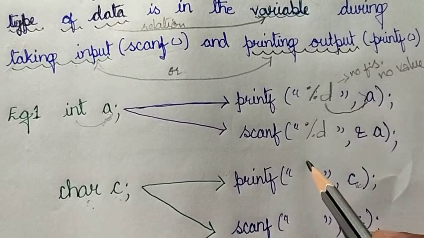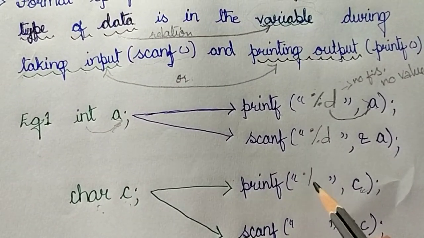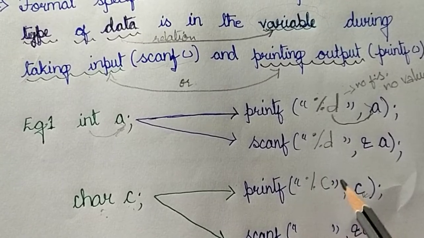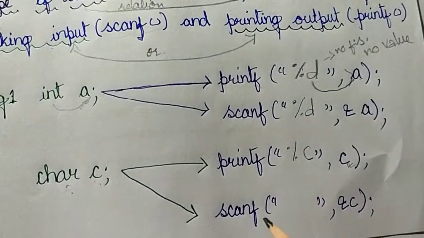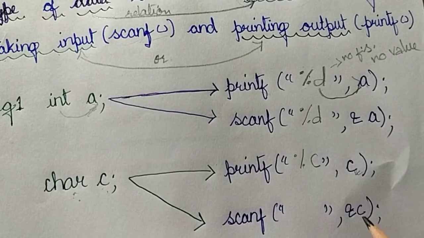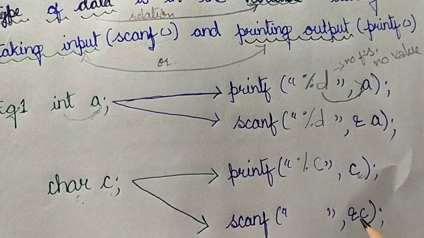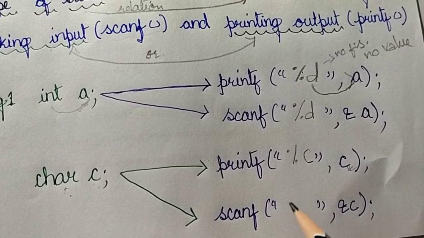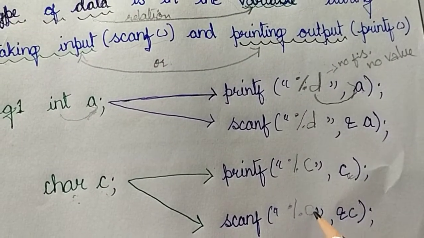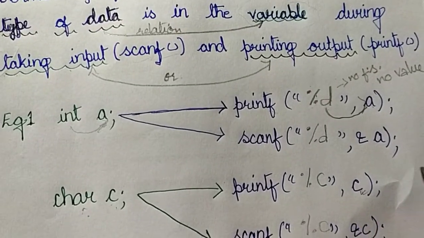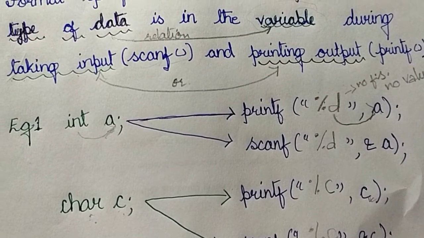For that you have to use the format specifier %c. Or if you want to input the value using scanf, you want to input character data in c, therefore you have to use the format specifier %c. Like in the previous program I've shown you.